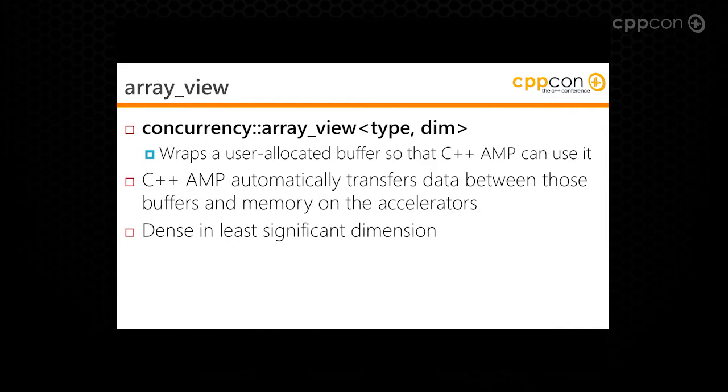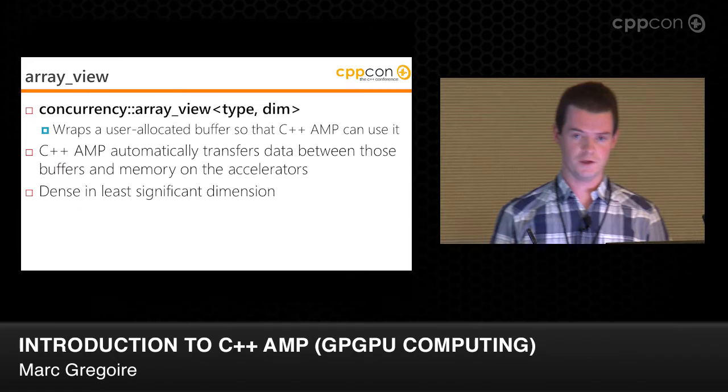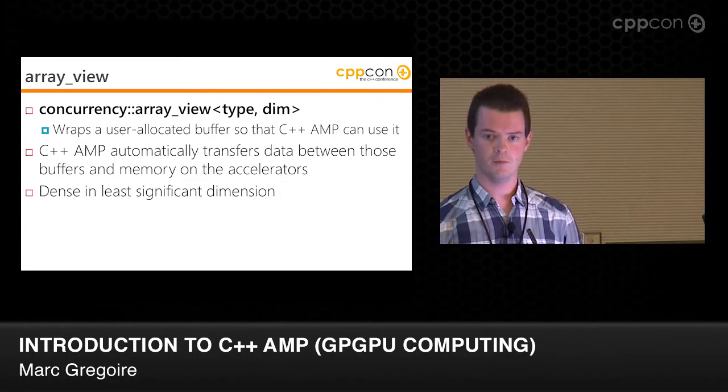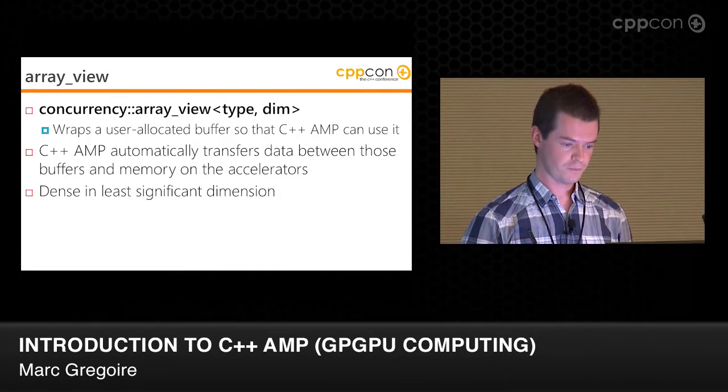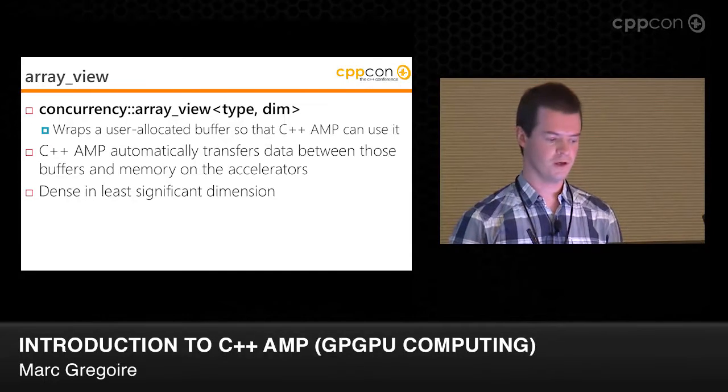The next one is an array view. It has the same template type parameters, so type and dimensionality. What this one does, it's not allocating any memory for you. It's actually wrapping your memory so that CppAmp can use it.